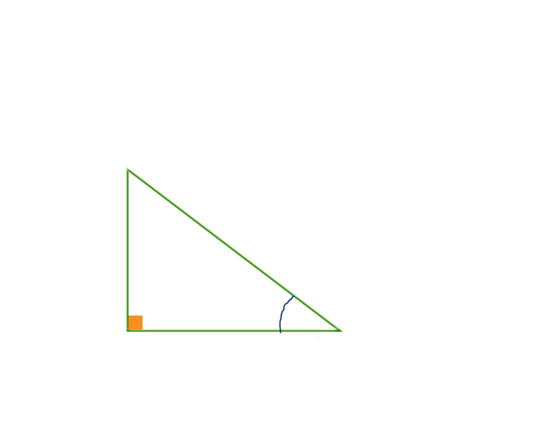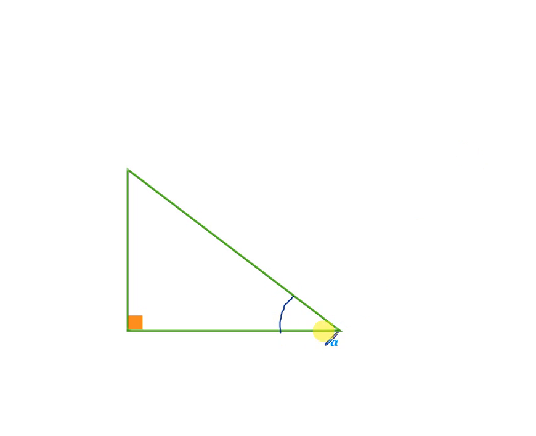So to solve a problem in trigonometry, we first need to put labels on the sides of the triangle, and the labels are put on depending on which angle it is that we know.